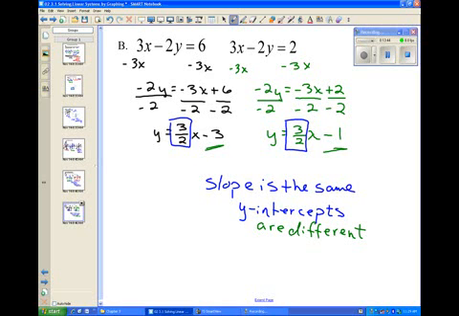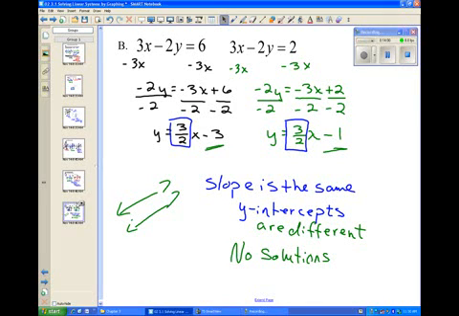That tells me that there is no solution. These two lines have the same slope, but they go through a different y-intercept, so they are going to be parallel lines, and they will never, ever cross. So there's no solution.